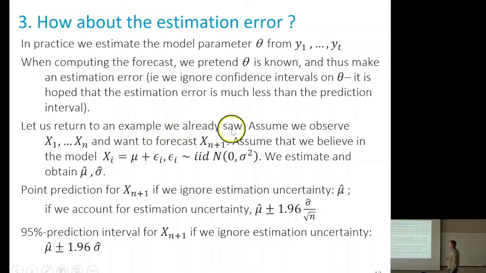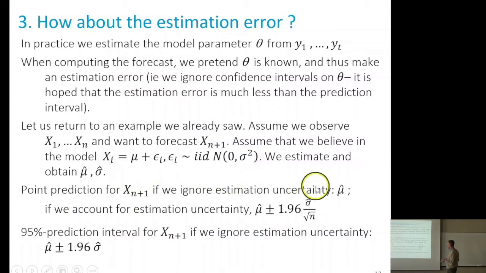Well, let's take a very, very simple example to understand. Assume we observe some data x_n that is more or less a constant plus noise. So the simplest model. Of course, we don't do forecasts for such simple models, but that will help us understand. So the model is x is a constant plus noise. And assume we want to forecast x_{n+1}.